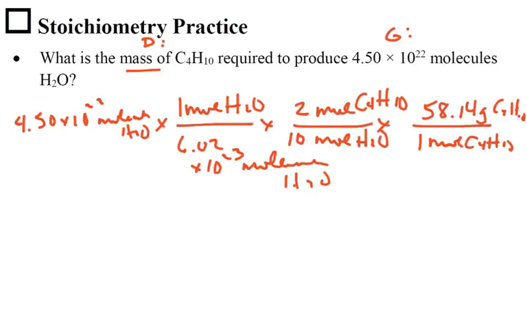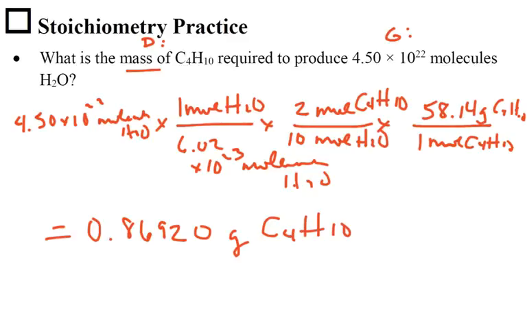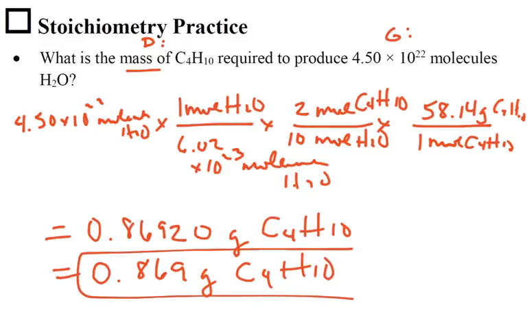And the answer is, I get 0.8692, and that's going to be grams of C4H10. And since I'm working with 3 significant figures, I'm going to make that 0.869 grams C4H10. And that is the 5.4 quick check.